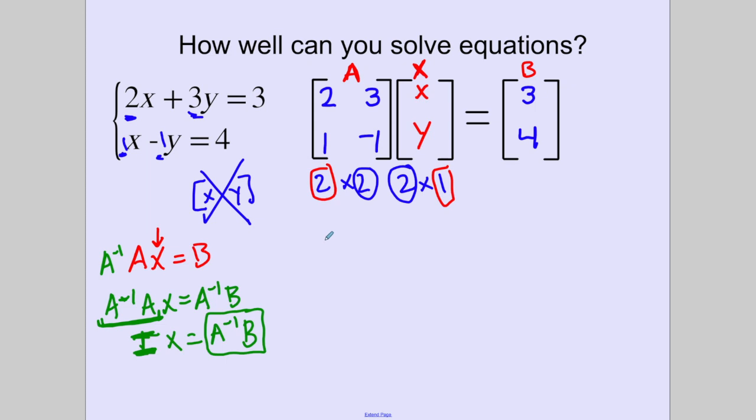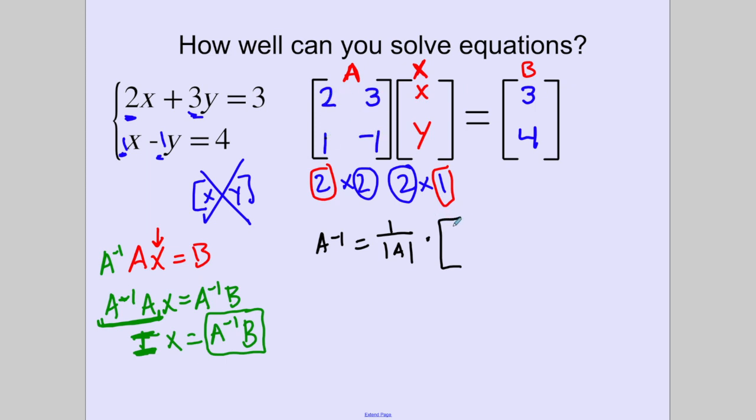Well, remember, the inverse is going to be like this. A inverse equals, and if it's a 2 by 2, we have to do this by hand. A inverse is 1 over the determinant of A times, we had A, B, C, D here.